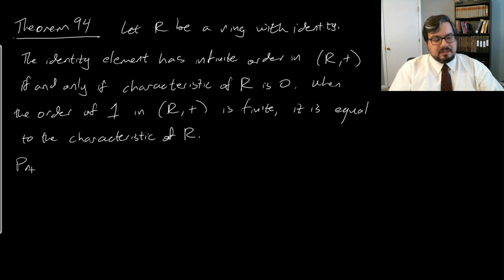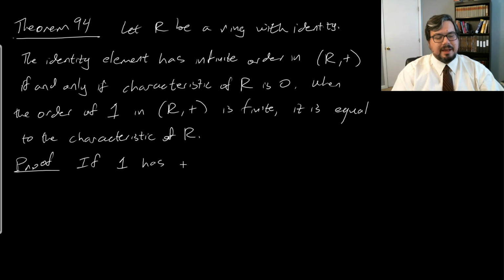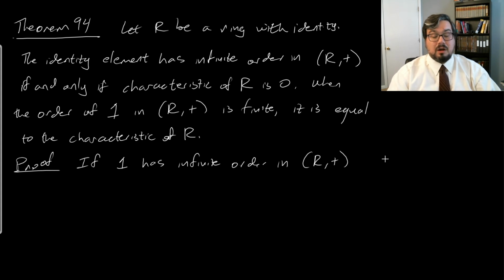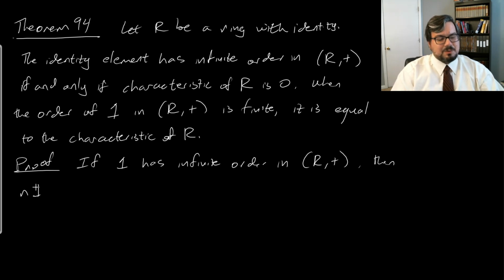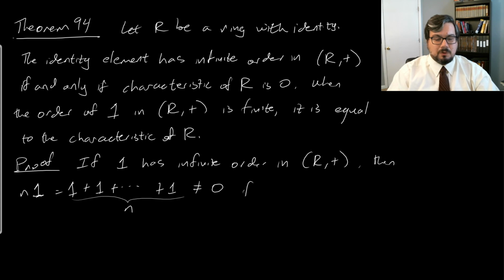All right, so let's see a proof of this. So first of all, if 1 has infinite order in the group R with addition, then n times 1, which is 1 plus 1 plus ... plus 1, n times, is not equal to 0 for any n.